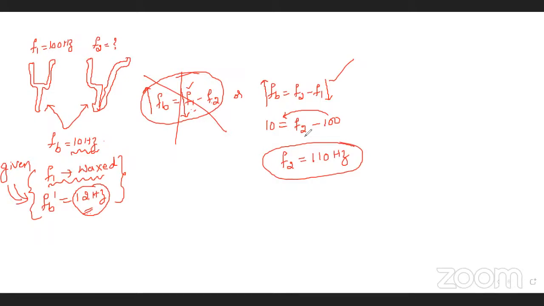F2 value will be 110 Hertz. So 90 is not possible. 110 is the correct answer. So this is how you are finding the frequency of the tuning fork by using the concept of beats.